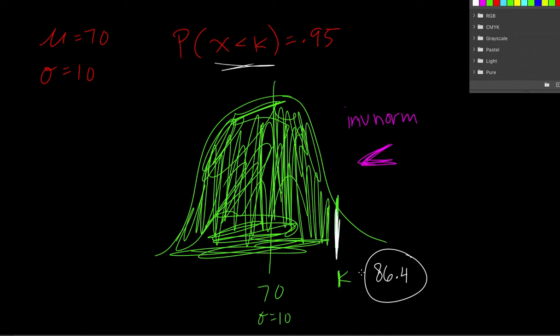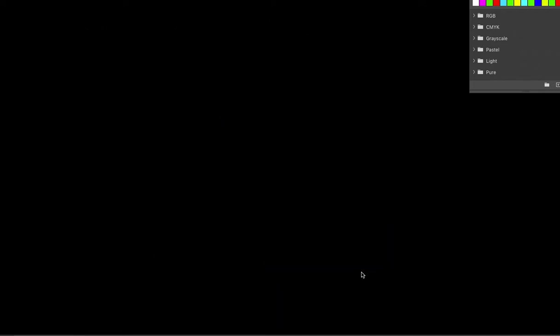We're going to move on to the next one. So it says the weights of an adult scallop population are known to be normally distributed with a standard deviation of 5.9 grams.